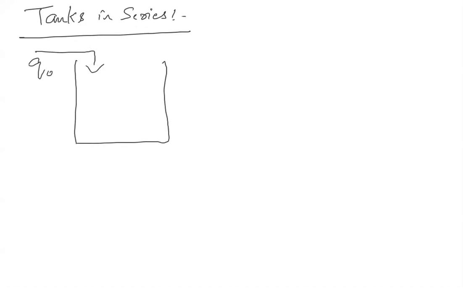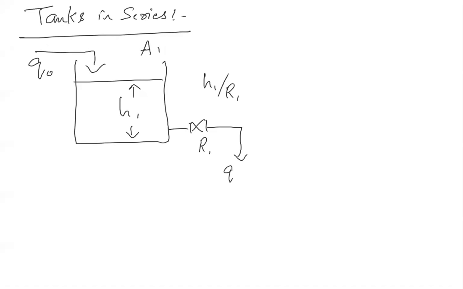Let's say Q naught with the level outlet. This is, let's say, H1, area is A1, and the outlet resistance is R1. So this is Q1. Now this Q1 is going to another tank placed like this.